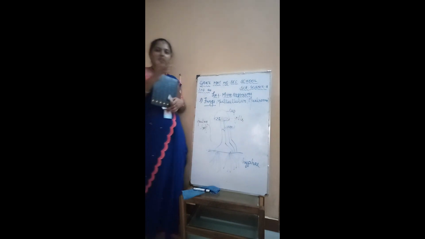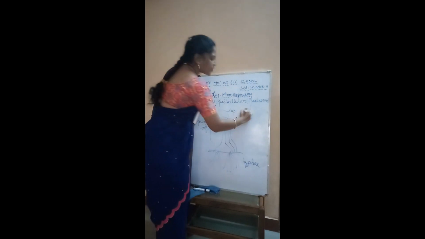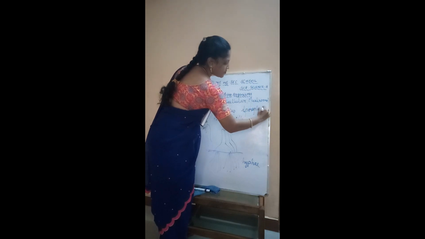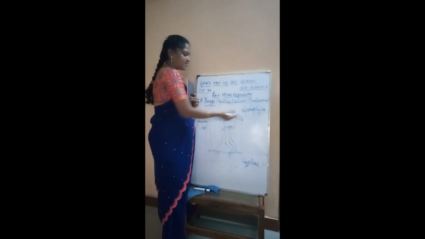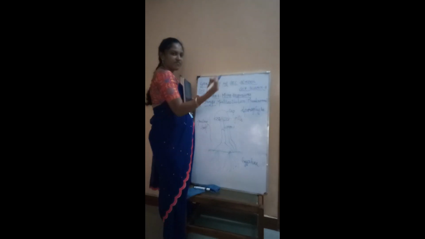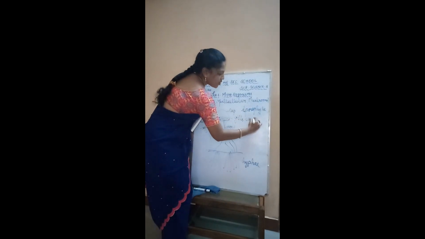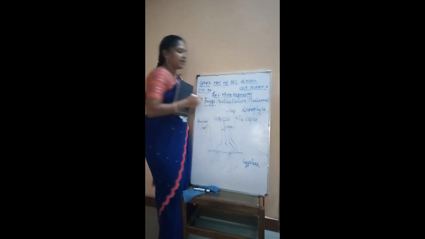Yes. So let me conclude this fungi with the two main things. One is sporophytic. Sporophytic is nothing but those fungi which have spores in them. Next it is saprophytic. What is meant by saprophytic?